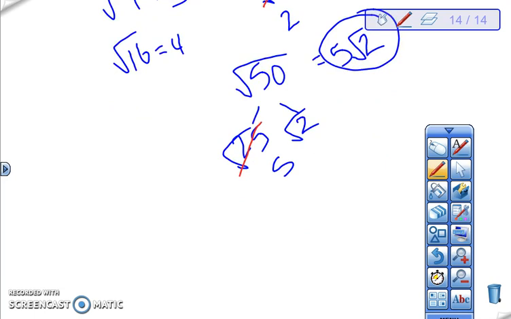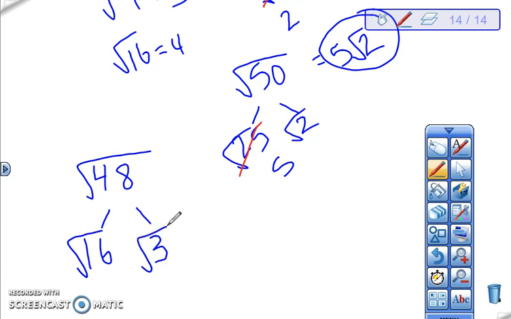All right, let's look at one more just in case. Let's take 48. Again, I cannot take the square root of 48. And so if I'm going through my numbers to try to divide this by, I know that 16 will divide into 48, giving me 3, so 16 times 3.